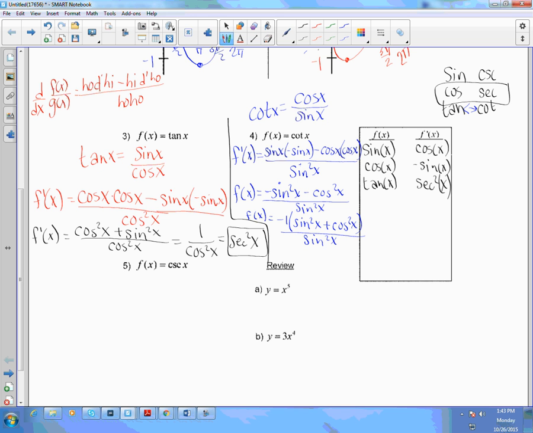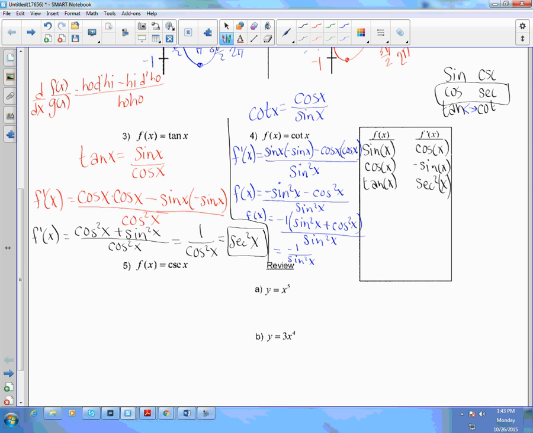So the numerator is what? Negative 1 over sine squared x. That was like a reciprocal. If you ever see a 1 in the numerator, it's going to be a reciprocal. So what do we get? Cosecant is 1 over sine, so it's negative cosecant squared because of the square.